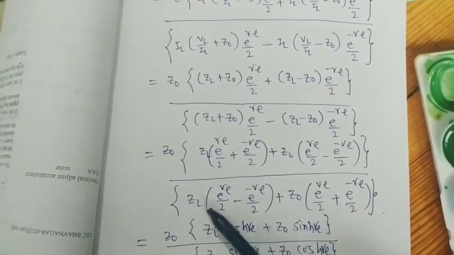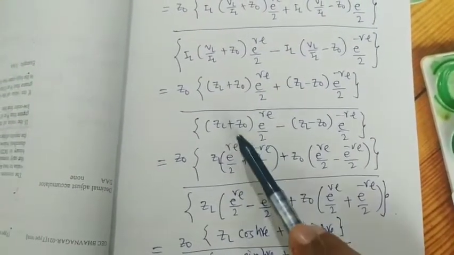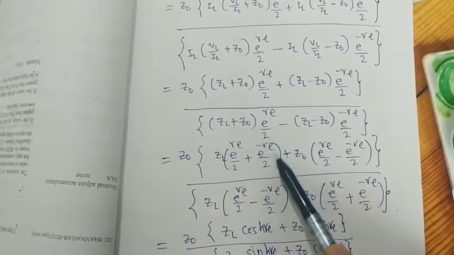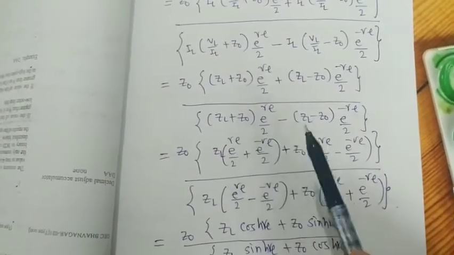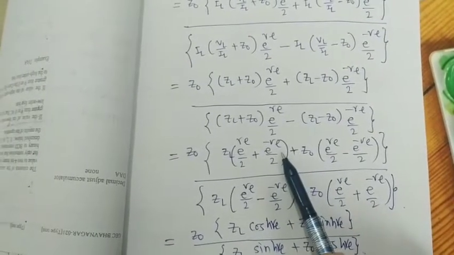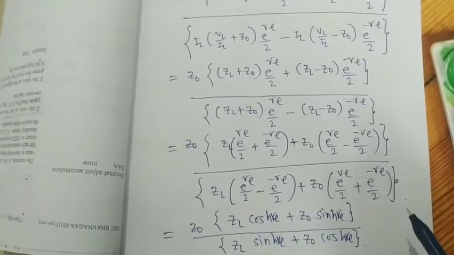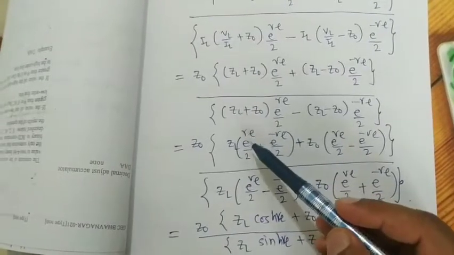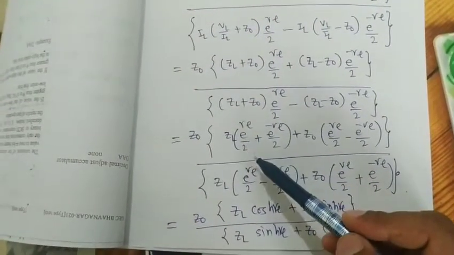So ultimately now I try to find out such an expression which is nothing but equal to the cosh L expression. So we know that this expression is nothing but the cosh.